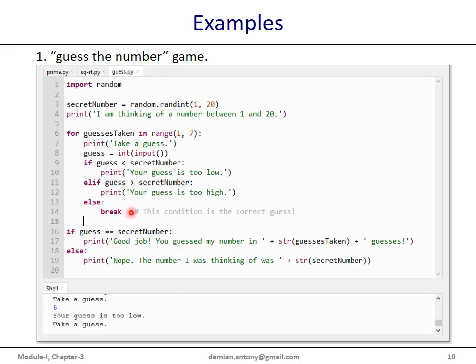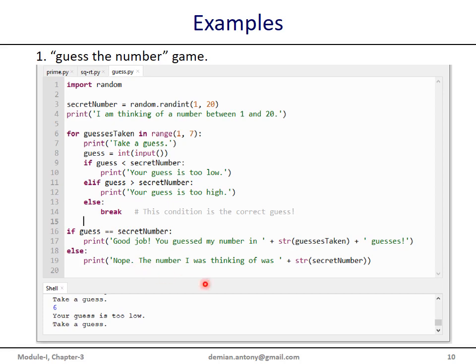And if there is no termination of the loop with the correct guess, and the for loop is terminated because it has considered all these 6 opportunities, we can send a regret message now saying that the secret number is not guessed properly, and we can even give the secret number.